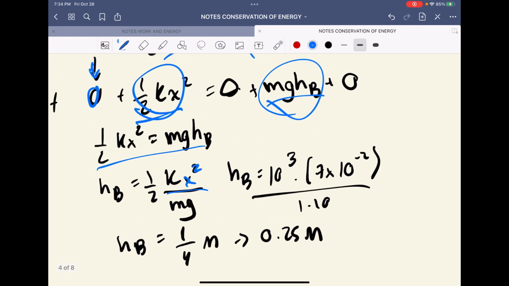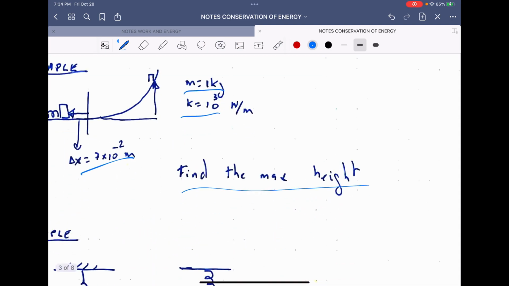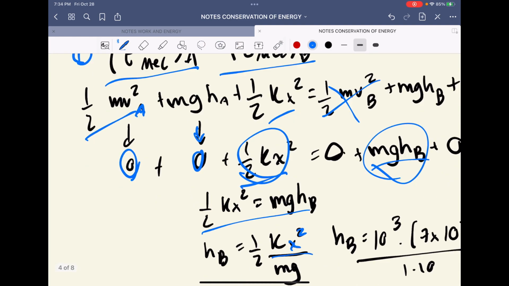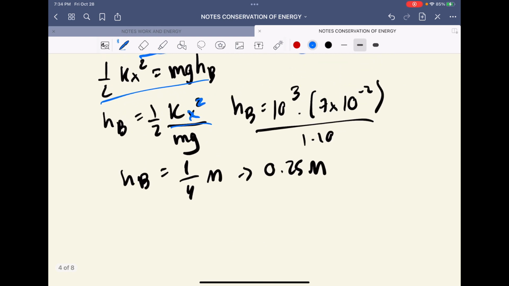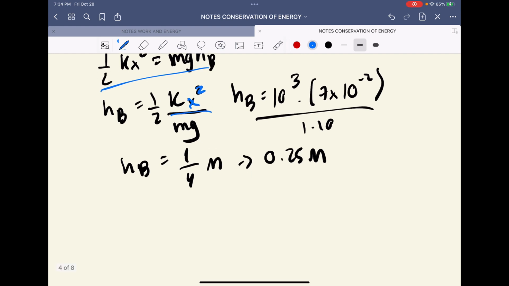If we just plug in the numbers that we have here, we're going to obtain this value. h_B equals 10 to the third power times 7 times 10 to the negative second power, over 1 times 10. And calculating this is algebra. We find the height at point B, which is what we want to find. It's going to be equal to 1/4, and that is translated to 0.25 meters.